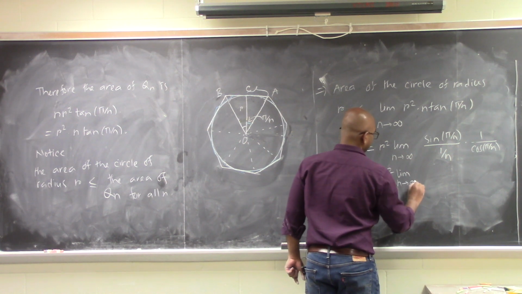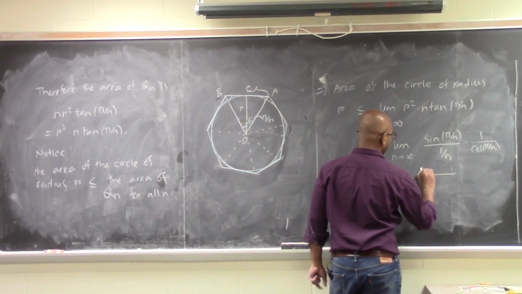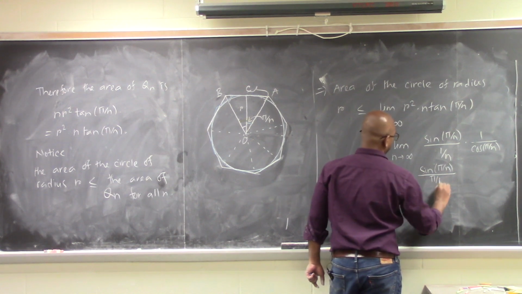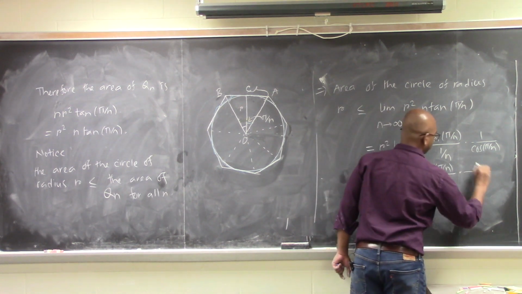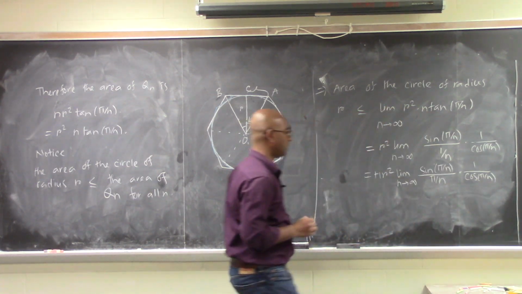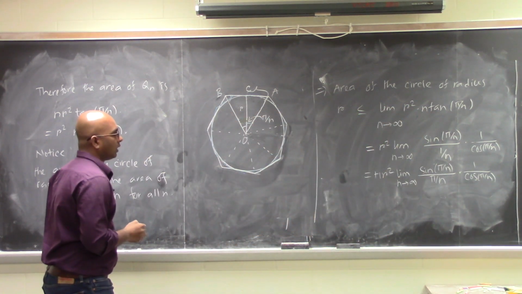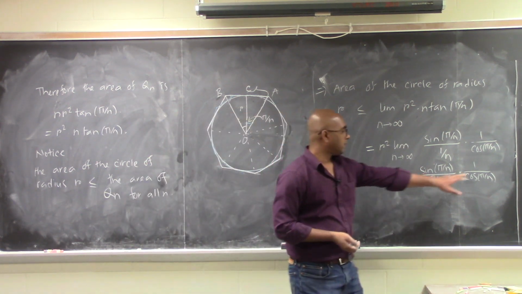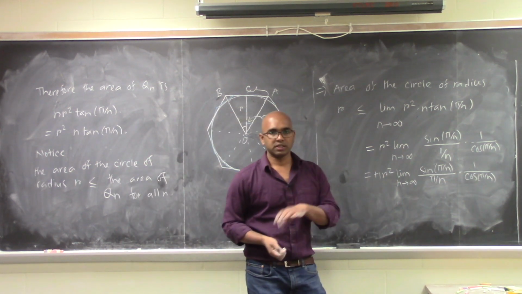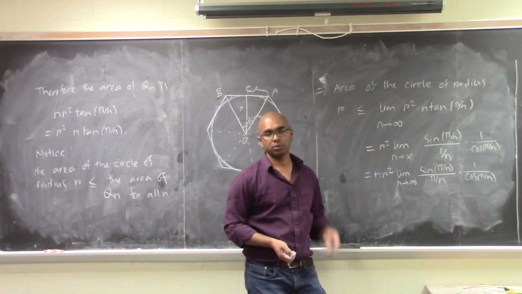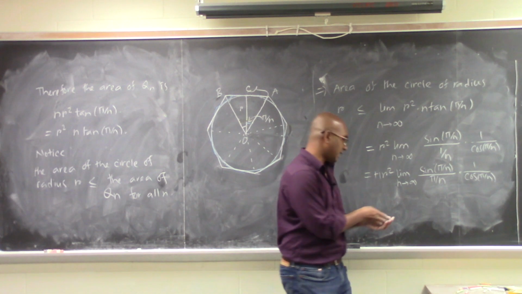The limit as n approaches infinity of sine(pi over n) over (pi over n) times 1 over cosine(pi over n). One thing is pretty obvious: as n goes to infinity, pi over n goes to 0, and cosine is a continuous function, so that limit is cosine of 0, which is 1, so that's a really nice thing.